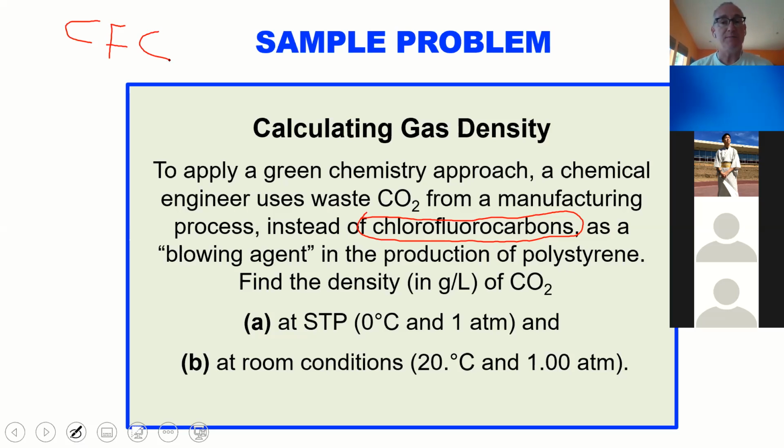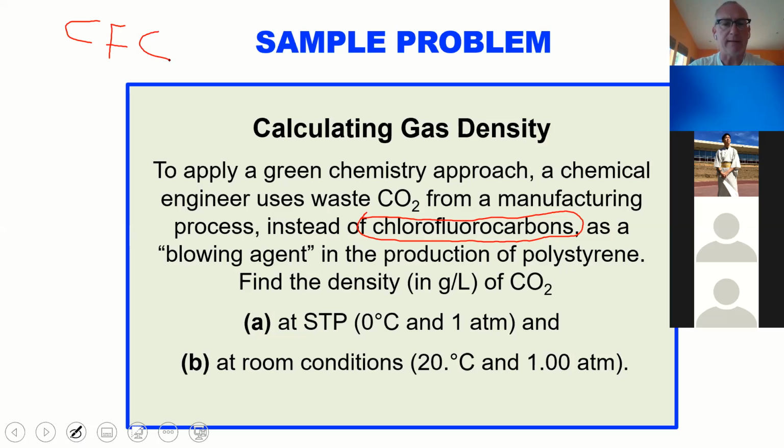Back in the old times, CFCs were actually used in aerosol sprays because they do a great job. They have very high pressure, and so they're great for spraying on hairspray like we used to do back in the 80s.